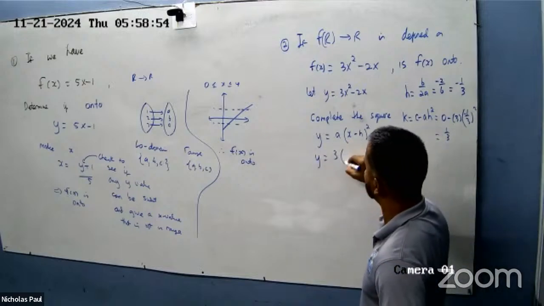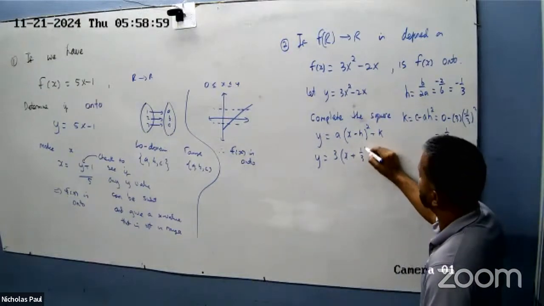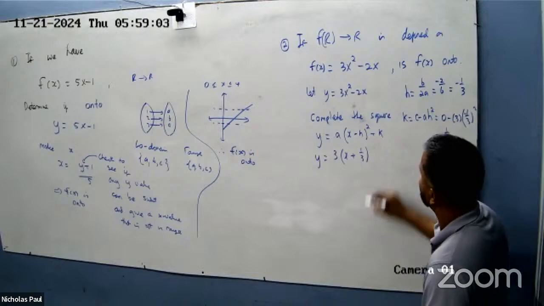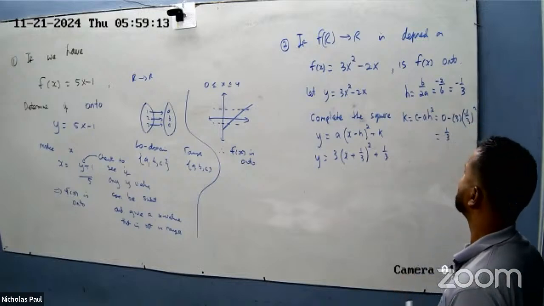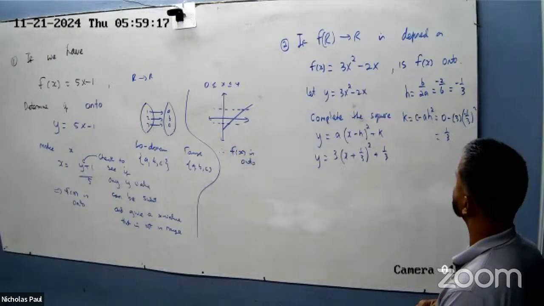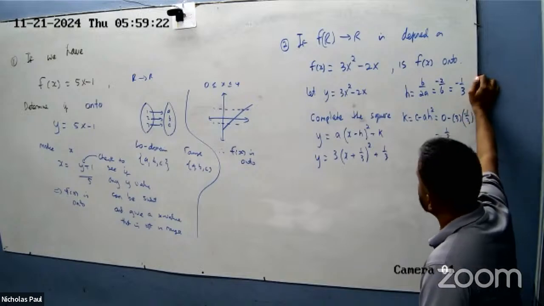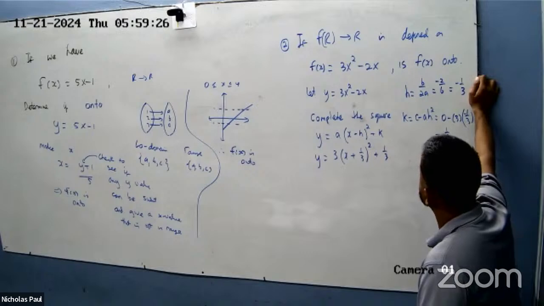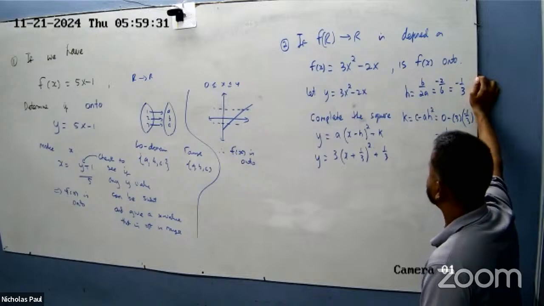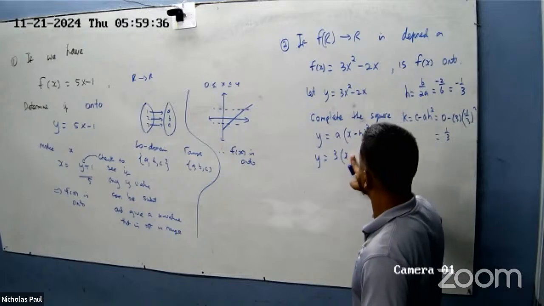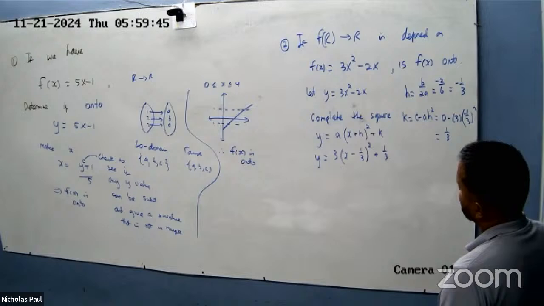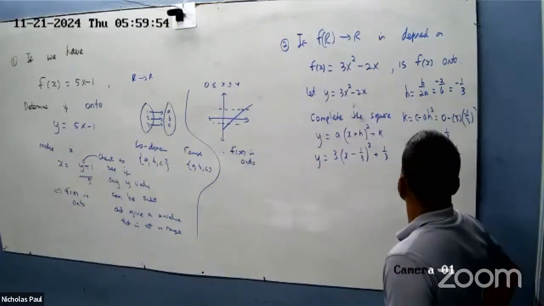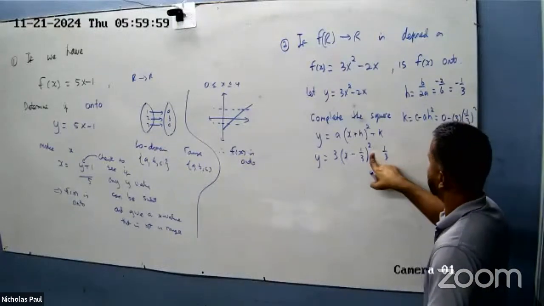So you're getting y equals 3 times (x minus 1/3) squared minus 1/3.